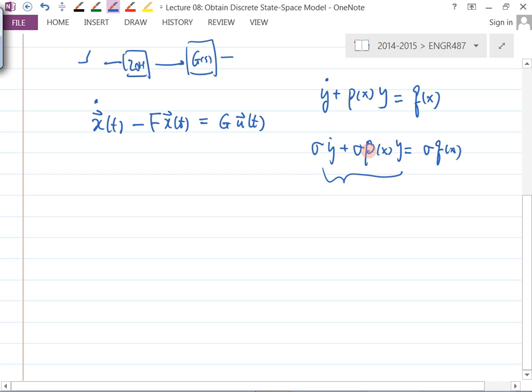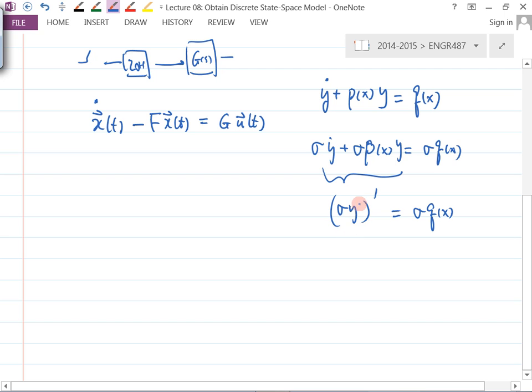We try to find the proper sigma such that the left side can be rewritten as a product rule: sigma y prime, or derivative, if you expand it using the product rule, you get exactly the same thing here.